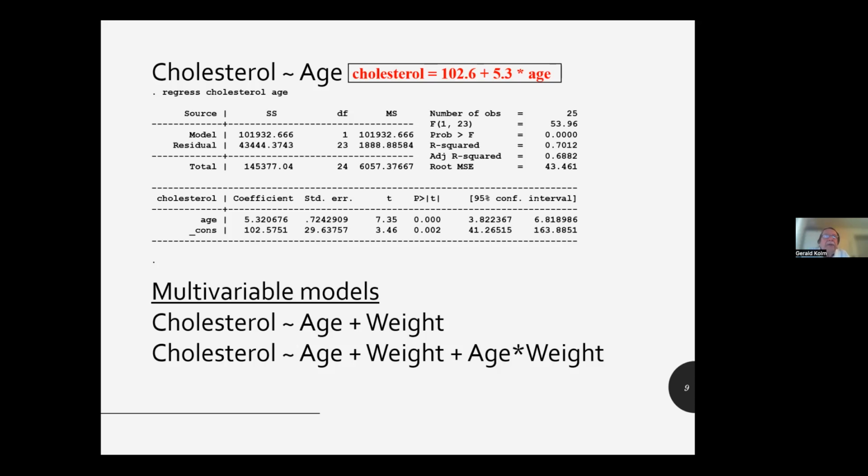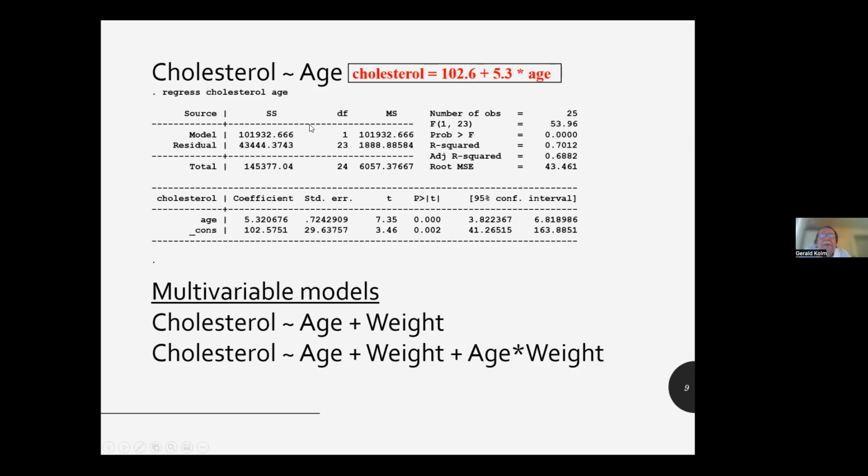You see that our first table has SS, which stands for sum of squares, which you remember last year I went through how we can partition the total sum of squares into the regression sum of squares and an error sum of squares, or a residual sum of squares. And so here we have the sum of squares due to our model, in other words, sum of squares due to the impact of age on cholesterol. And then we have our error, or our residual sum of squares. And then we have degrees of freedom associated with each of those.